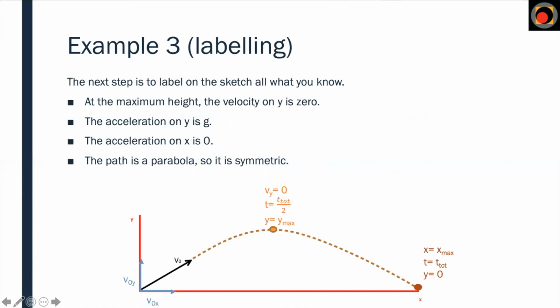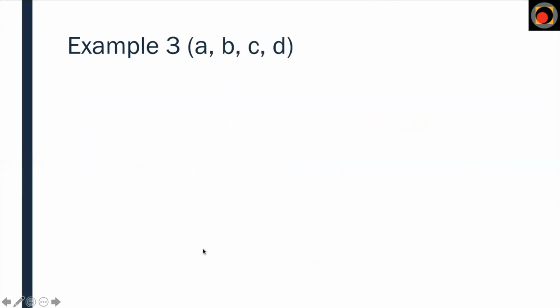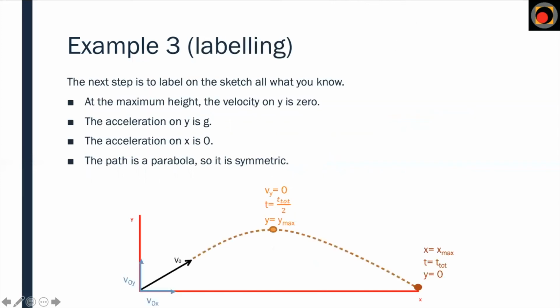This is the sketch. The object can be at half the maximum height somewhere around here, but also on the other side, because it is symmetric. That's why it is giving us two times: at the beginning it is here, and when it is falling, it is here.